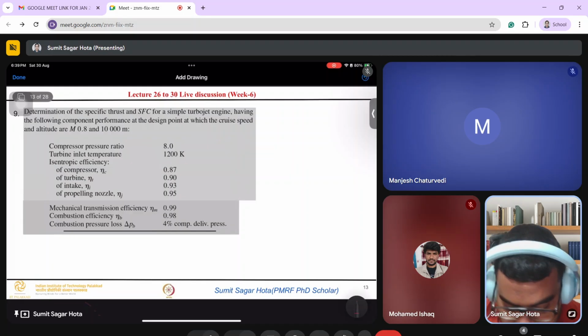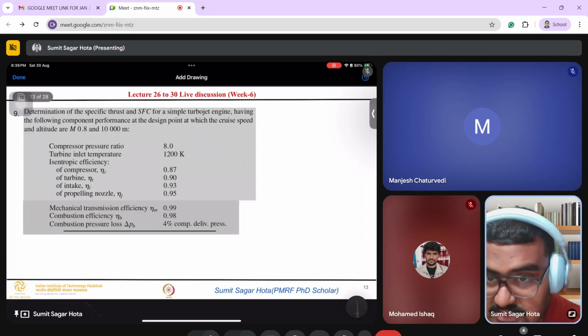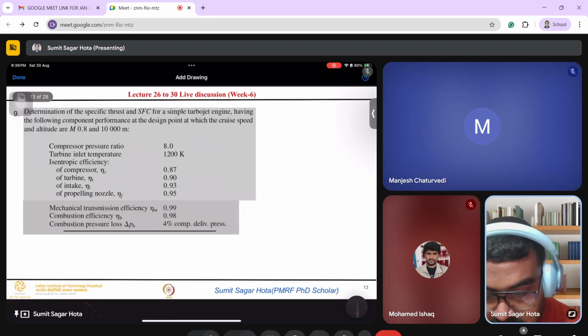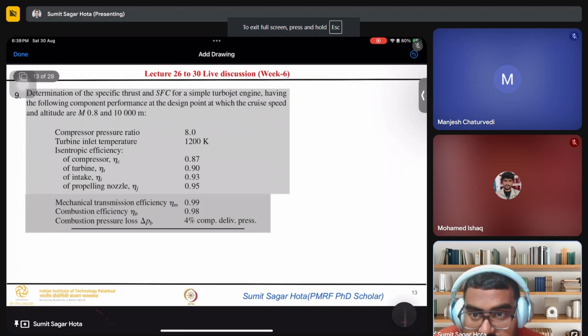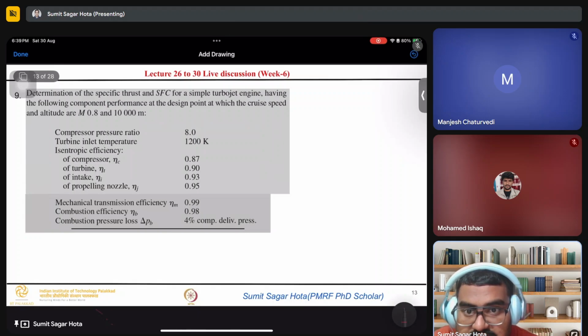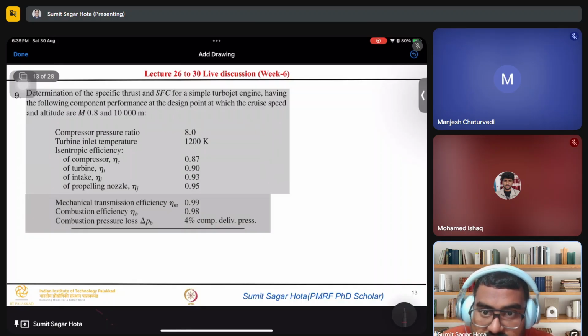Just read this question. Determination of the specific thrust and specific fuel consumption for a simple turbojet engine having the following component performance at the design point, at which the cruise speed and altitude are Mach 0.8 and 10,000 meter.